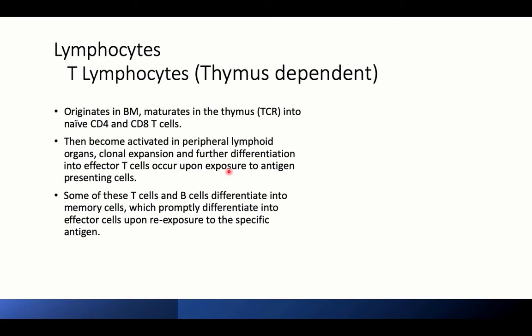Then in peripheral lymphoid organs, including lymph nodes, spleen, and lymphoid tissues in the gut or the airways, they meet the antigen presenting cells with their antigens. This results in their differentiation into effector T cells that will perform the functions of the adaptive immune system. Some of these T cells and B cells differentiate into memory cells, very important, which promptly differentiate into effector cells upon re-exposure.